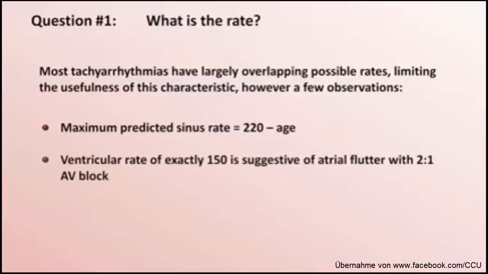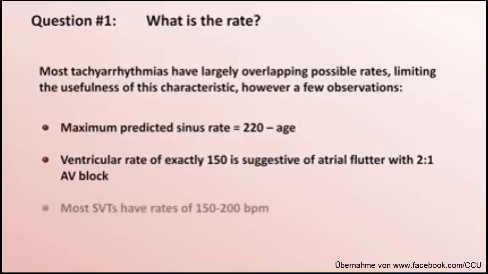Next, a ventricular rate of exactly 150 is suggestive of atrial flutter with 2-to-1 AV block. Certainly other rhythms can have rates of 150, and as discussed in the last video, the ventricular rate in atrial flutter can be almost anything. However, it is surprising how often in practice that an unknown arrhythmia with a rate of exactly 150 turns out to be a flutter.